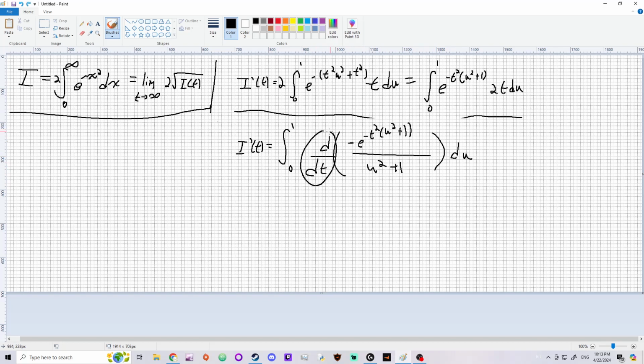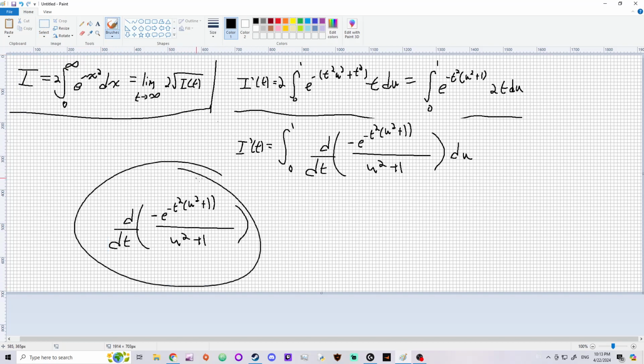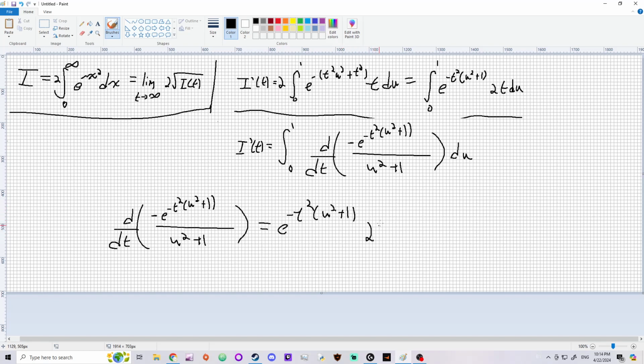And then when we take the derivative of it, we get back the same thing. So I'm going to write it out explicitly, so that there's no confusion. This here is equal to e to the negative t squared, u squared plus 1, 2t. Remember, all those terms cancel out when we're left with this. This is the same as this, except we have a du here, and I plug it in. It's there. It didn't disappear anywhere.